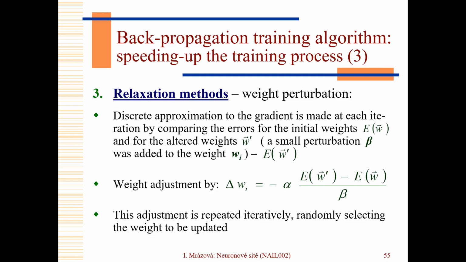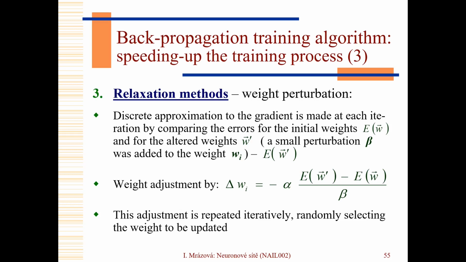The last type of methods that we will discuss here for speeding up the training process are the so-called relaxation methods. Sometimes they are called weight perturbation methods. The core idea behind these approaches consists in using just discrete approximations for the gradient.